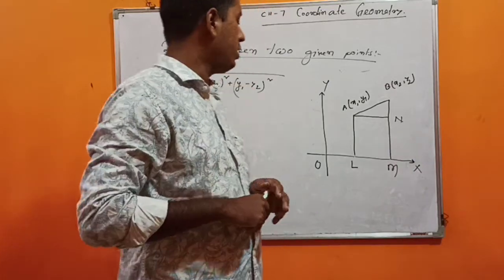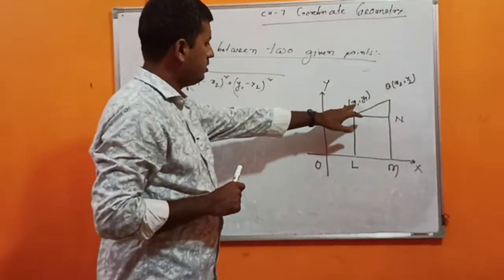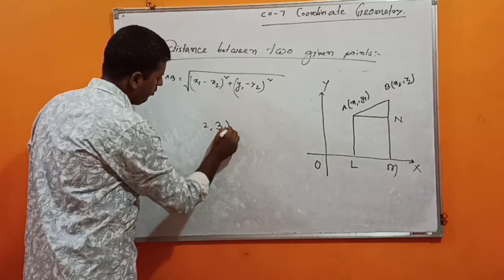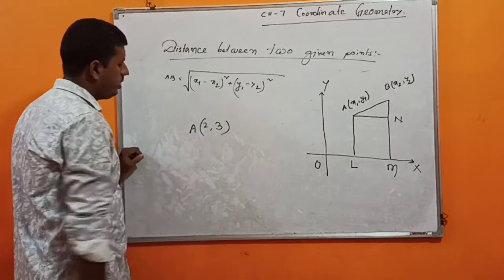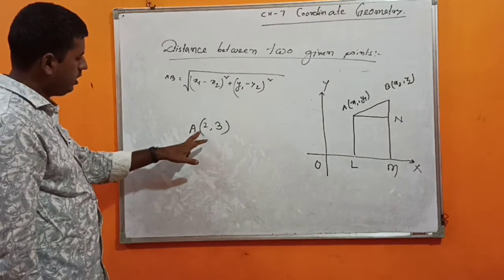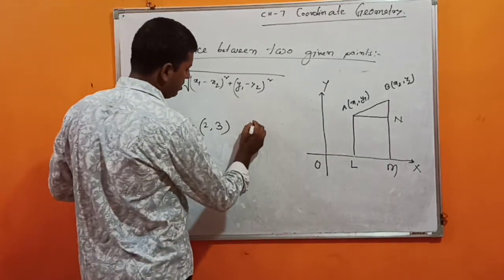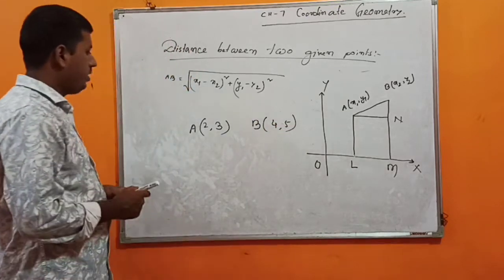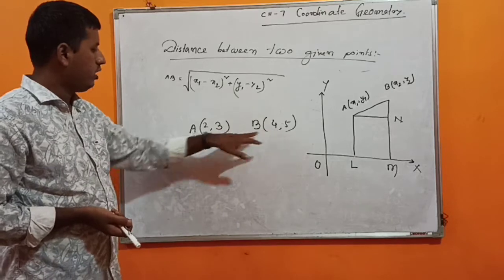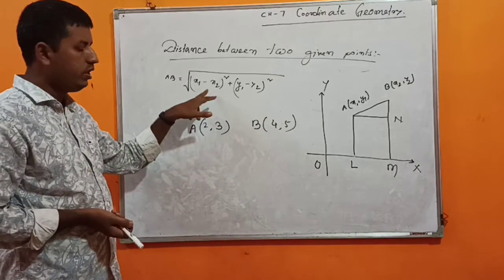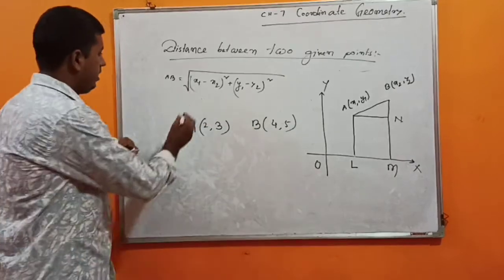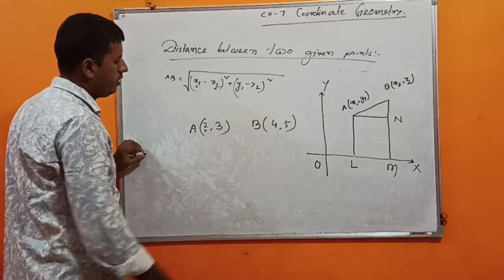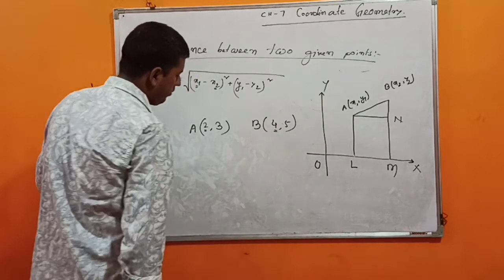Here we have to understand what the formula is, so I am taking an example. If 2, 3 is the coordinate of a point in any plane and it is denoted by A, and B is 4, 5, then comparing these points with that formula, x1 is the first number of the first point, x2 is the first number of the second point.